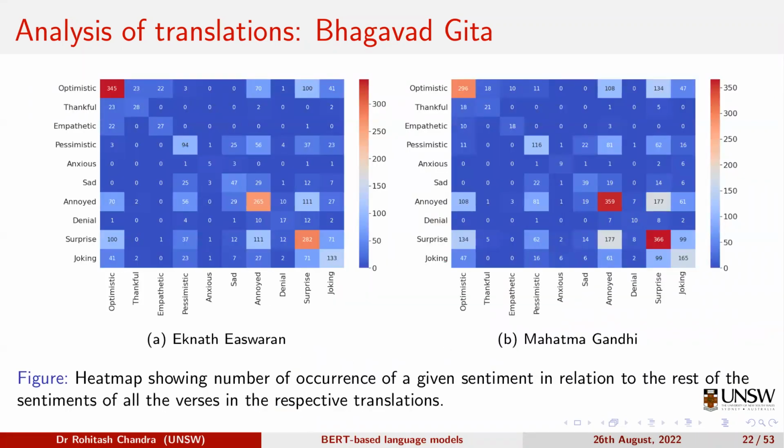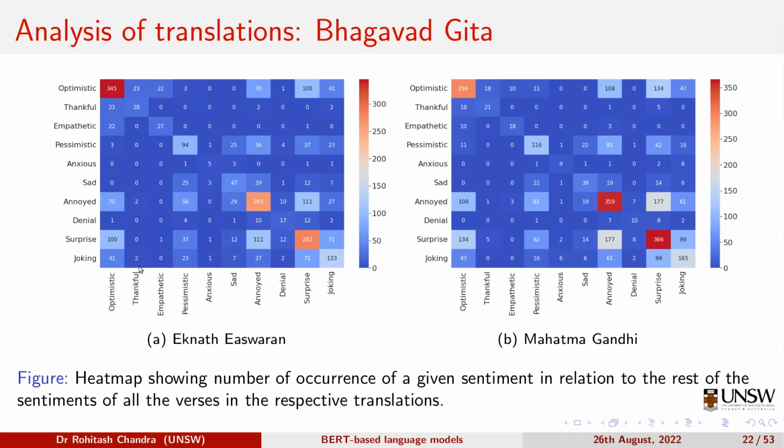The other part that is interesting is that, because it's a multi-level classification, there can be two or three sentiments expressed at once in a sentence or in a verse. So we just look at the first two combinations of sentiments. Somebody can be anxious and optimistic, or optimistic and joking, thankful and joking, or thankful and surprised, those types of combinations.